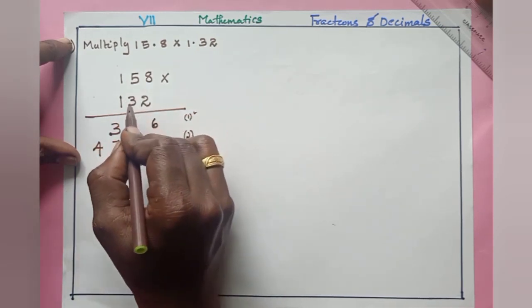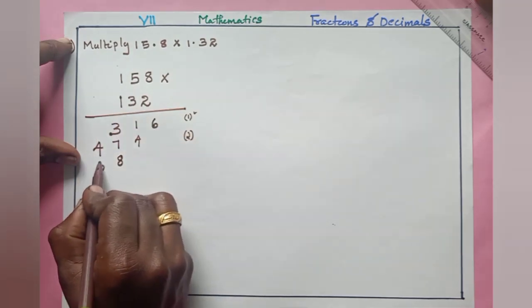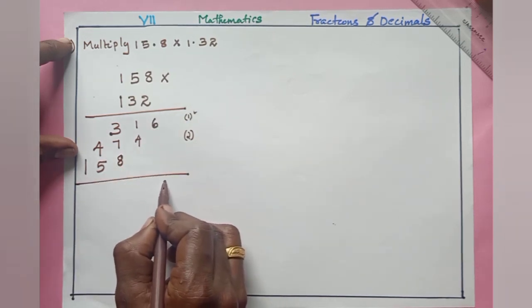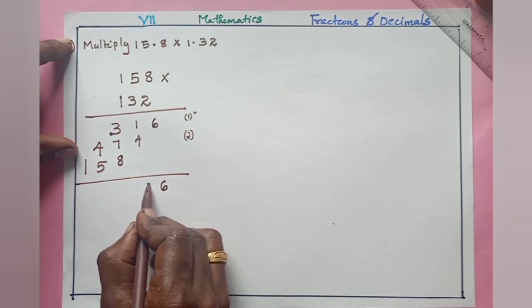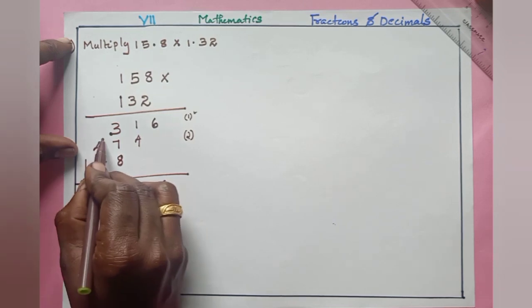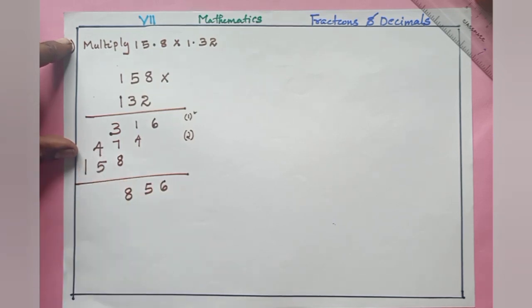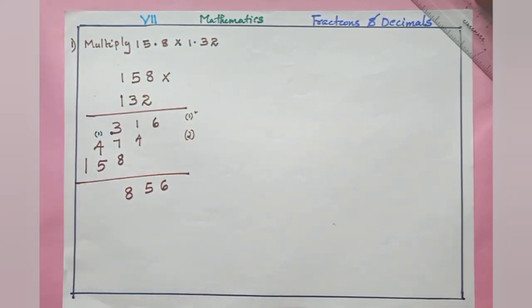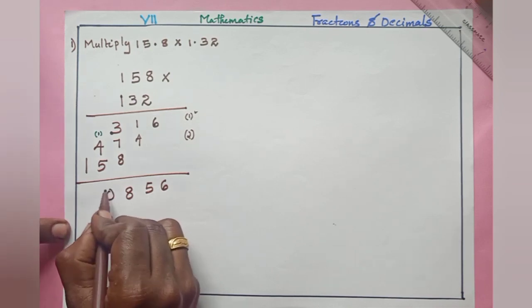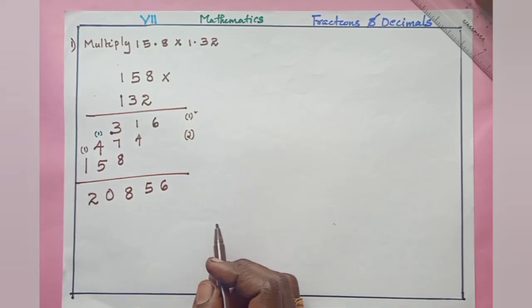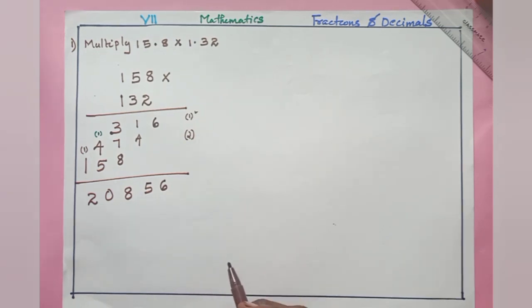Write in the 100 place. 1 5 is 5 and 1 1 is 1. Then adding: 6. 1 plus 4, 5. 3 plus 7, 10 plus 8, 18. 1 balance. Then 1 plus 4, 5 plus 5, 10. 1 balance. So 1 plus 1, 2. We get the whole number 20,856.